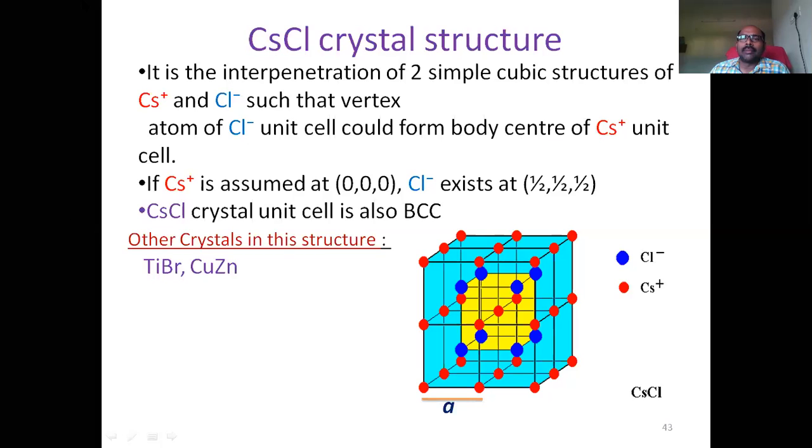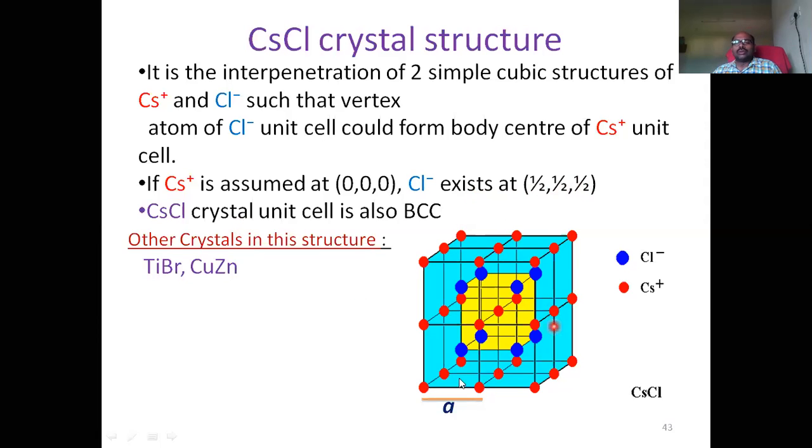So it is the interpenetration of two simple cubic lattices, and the corner atom of one unit cell is the body center atom of another unit cell. So if cesium plus is assumed at the origin, the corresponding Cl minus ion exists at 1 by 2, 1 by 2, 1 by 2.